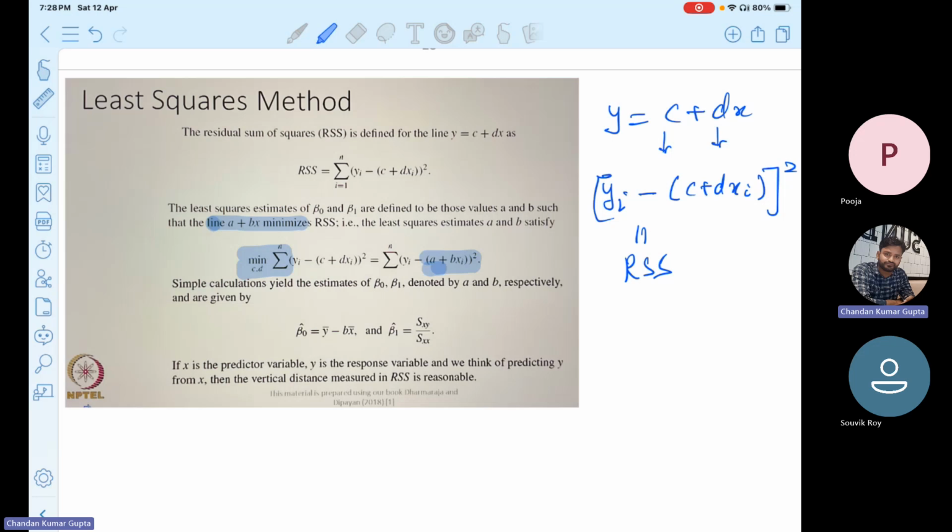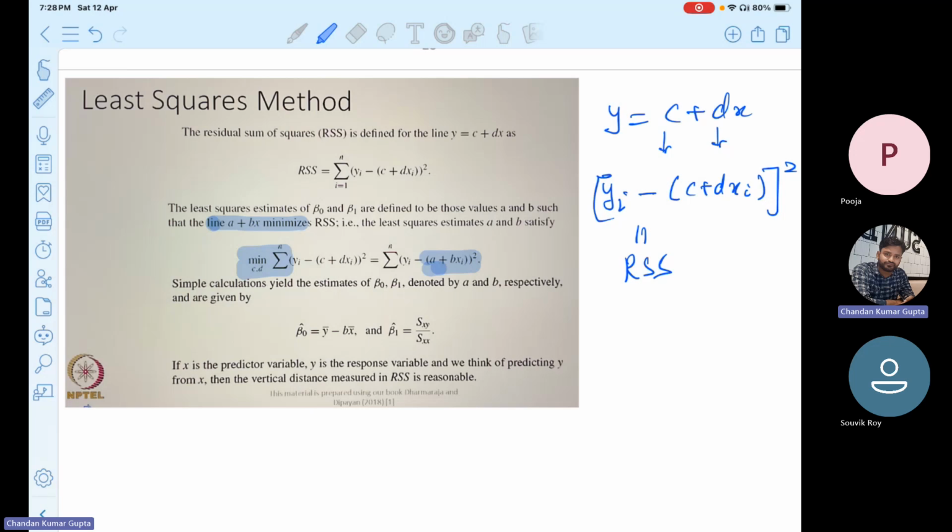The values of c and d for which this summation, the residual sum of squares, is minimum are nothing but a and b. So now we need to calculate this with the help of the least squares estimate that we have discussed above. After solving, we will find out how to find out these things.